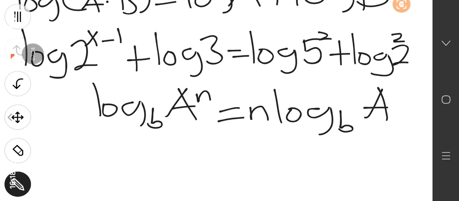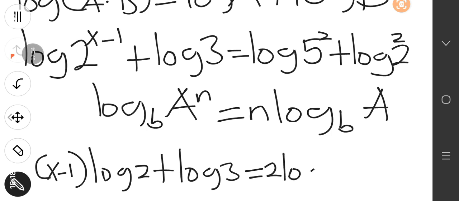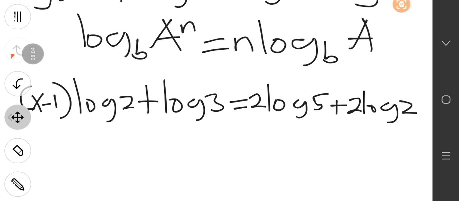So you're going to have x minus 1, multiplying log 2, plus log 3 equals 2 log 5 plus 2 log 2. So this is what we have.